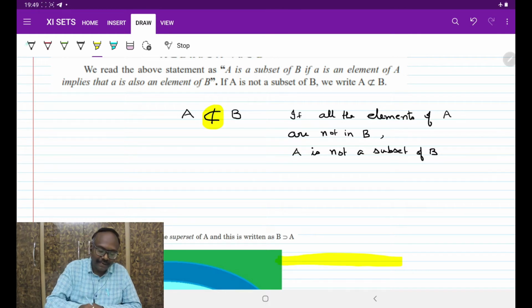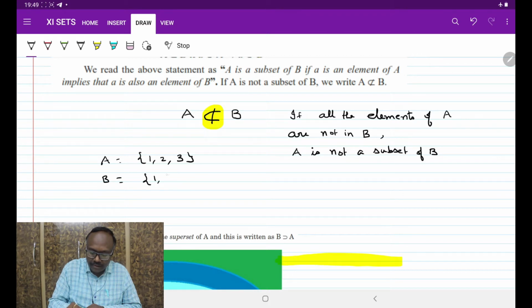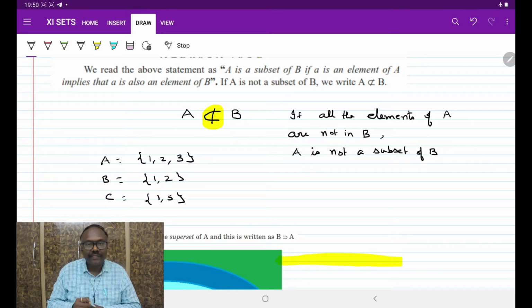So, we have seen what is a subset and what is not a subset. Let us take a simple example. Say A equals {1, 2, 3}, set B contains 1, 2, and set C contains 1, 5.